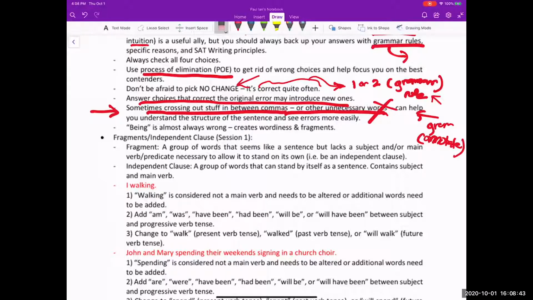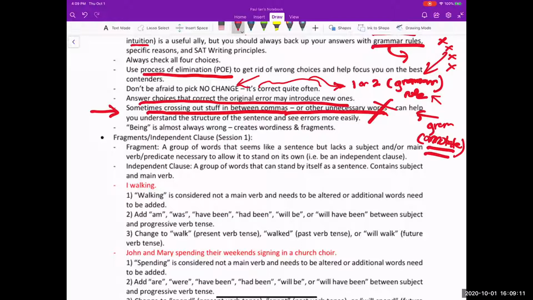Usually when you do it that way and you're not marking it, it's just your gut feeling. And when we think about an answer and don't mark it down, it's harder for us to cross out the wrong answers if we just choose an answer without marking it. So annotate is your best friend.